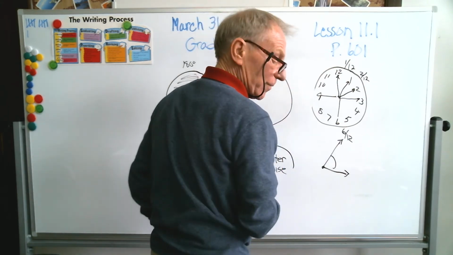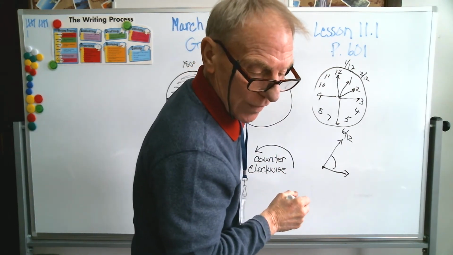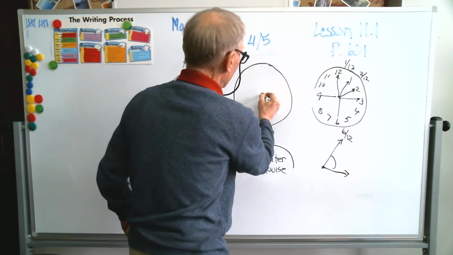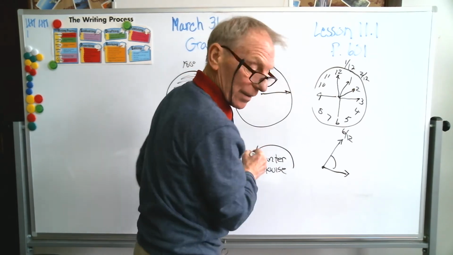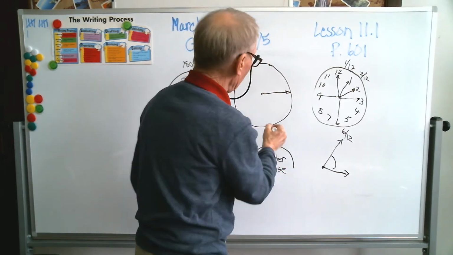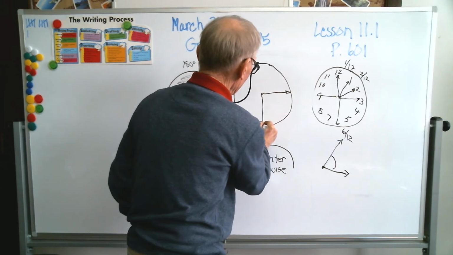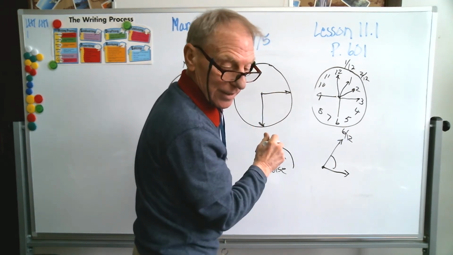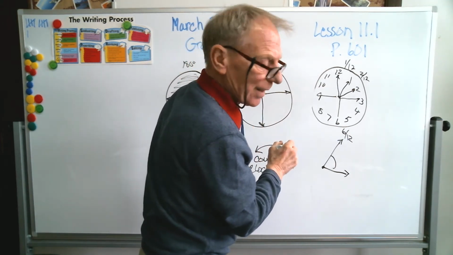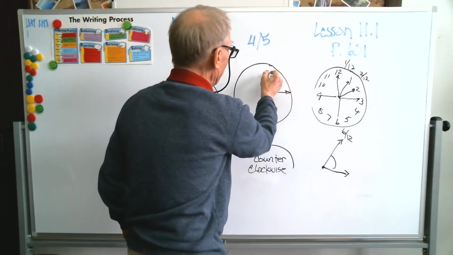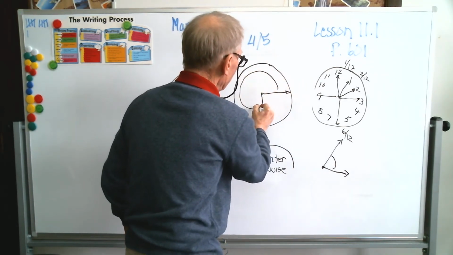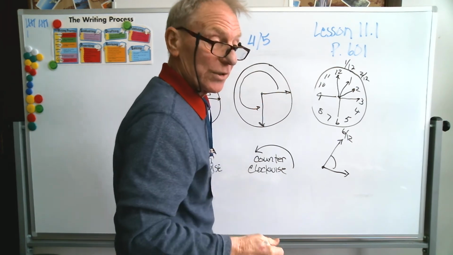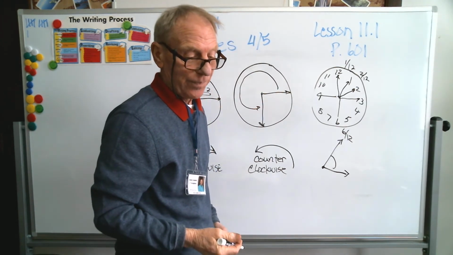Here's our circle, and it's showing a ray going in that direction, a ray going in this direction, and it's indicating that it went from here to here in that direction, which is counterclockwise.